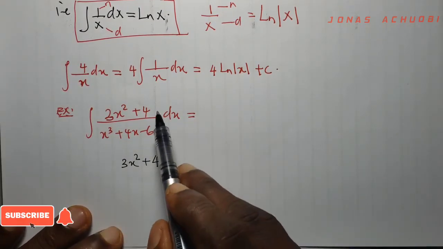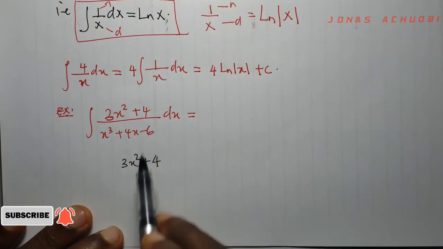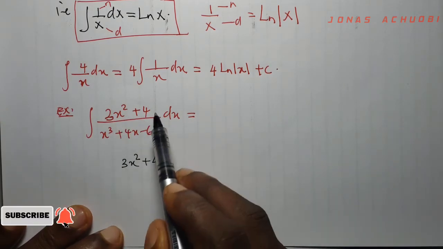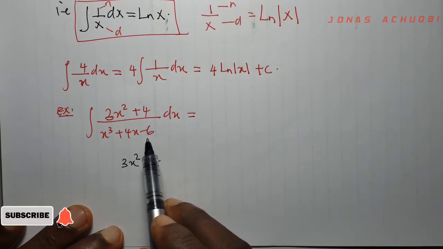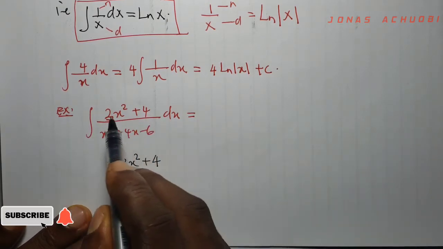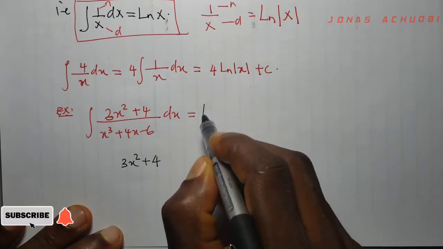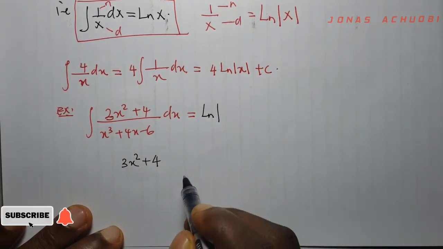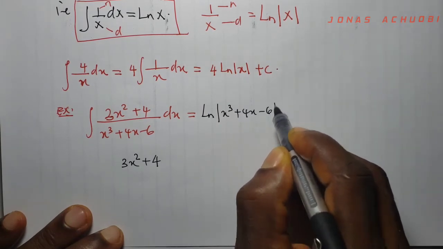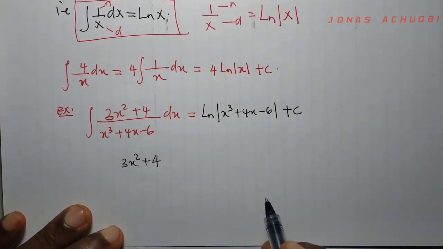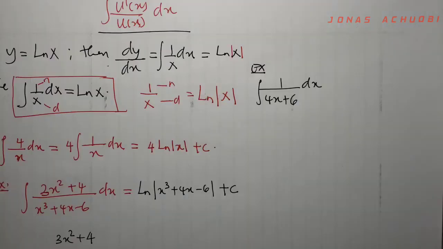So we look at the numerator. What we have there, we have 3x squared plus 4. So indeed, the numerator of this function is the derivative of the denominator. So what do we write? The integral of this function simply is what? The ln of the denominator, which is what? Ln x cubed plus 4x minus 6, then plus what? C, your constant of integration.